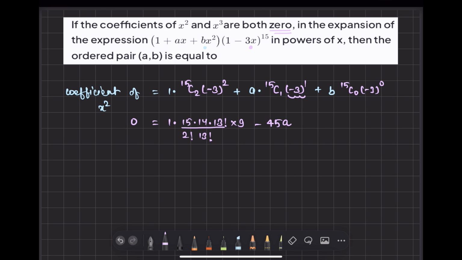Now here the power is even, so it will become positive, and 15c0 is 1, so we will have b only. This thing gone, this thing gone. So 15 into 7 into 9 will give us 945. So 945 minus 45a plus b. So this is our first equation.